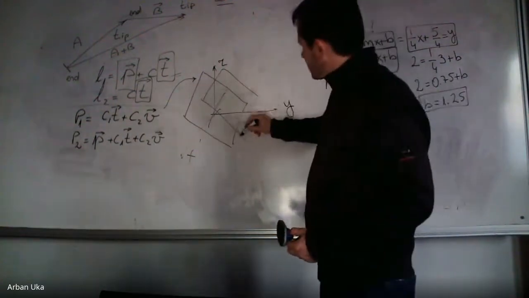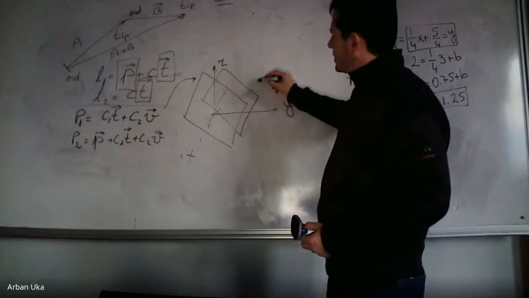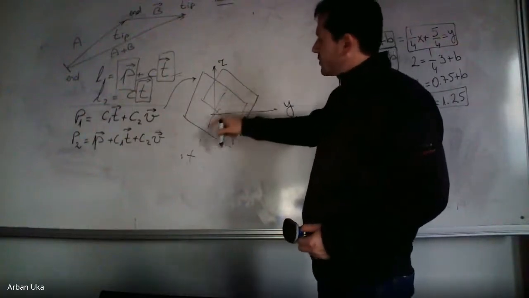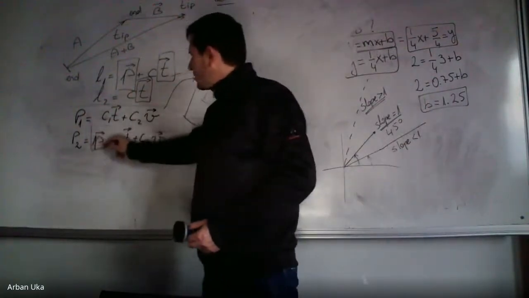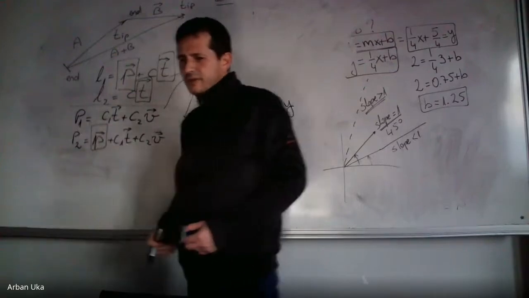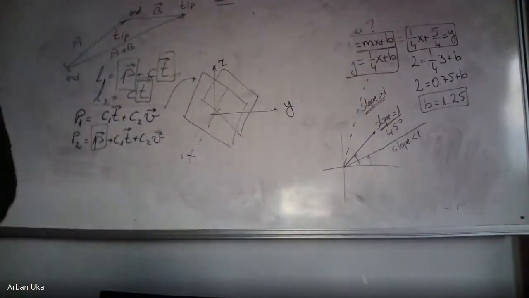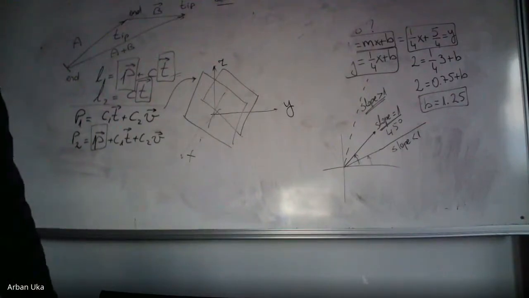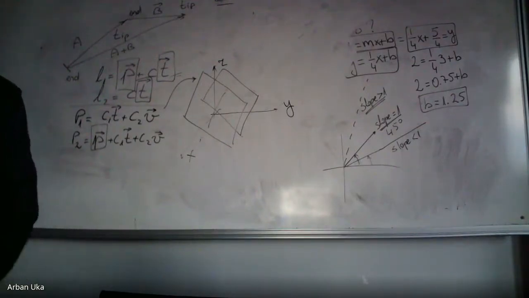So let's consider this one as P2, but this one does not include the origin because it is shifted by a constant value shown here, P. And then let's see. Let's try to see some examples, or at least one.